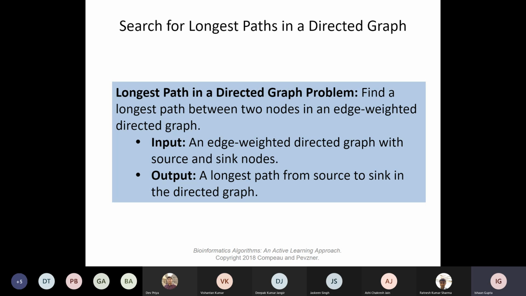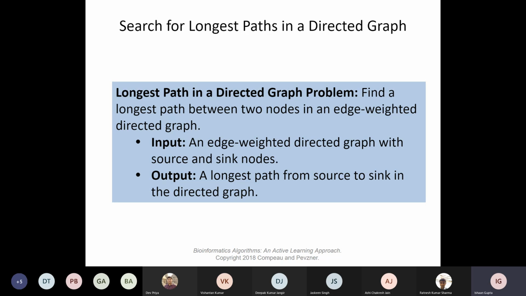So now again, what do we have to do? We have a directed graph, trying to formalize the problem further. We have to find the longest path between two nodes in an edge weighted directed graph. Remember, edge weighted means that each edge has a different weight. This can be akin to the problem that I was showing earlier in the De Bruijn graph, where the number of fragments that are forming the node actually represent the weight of that edge, right?